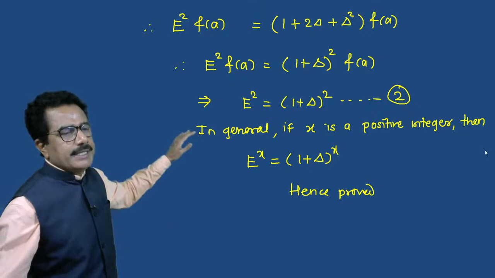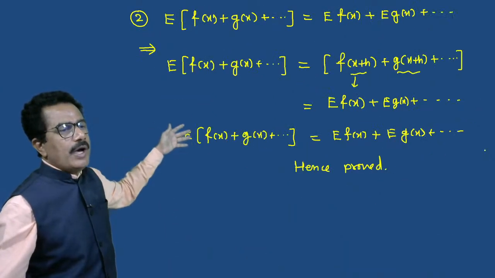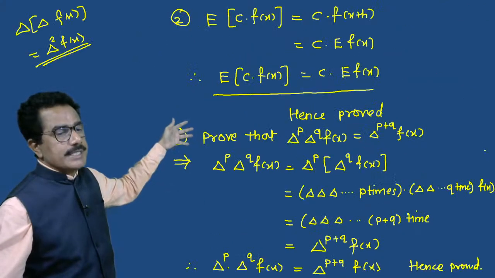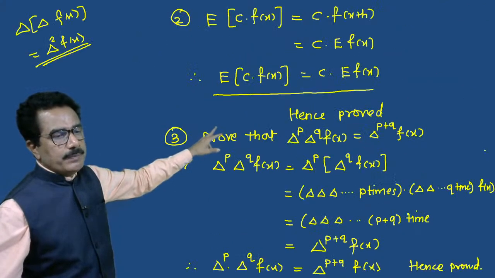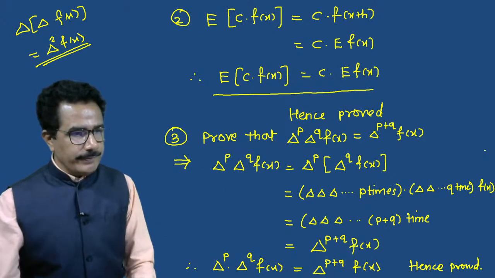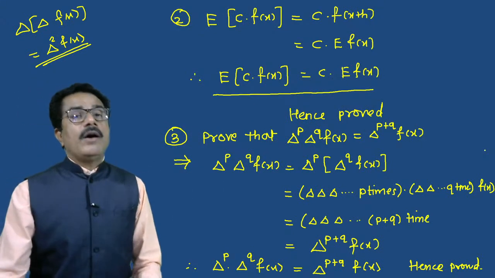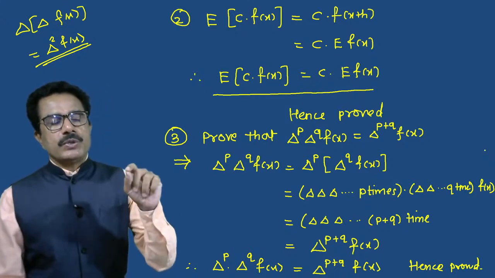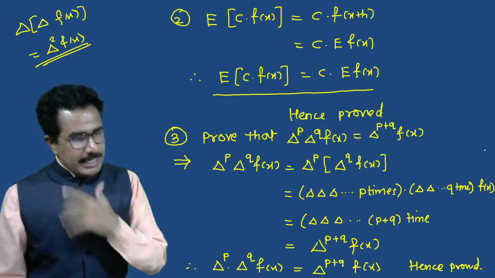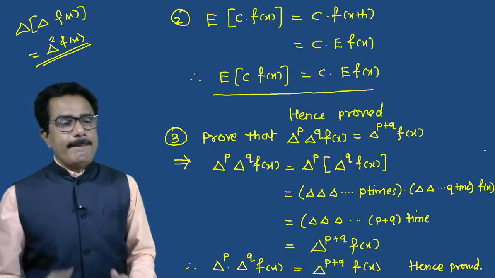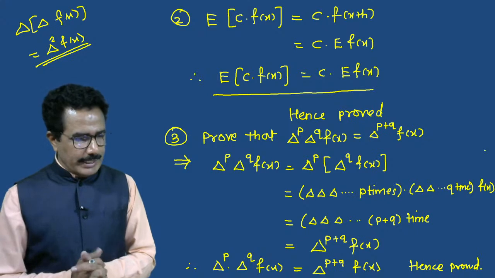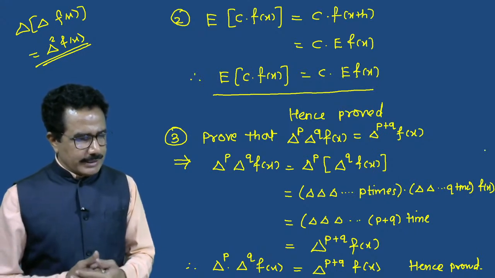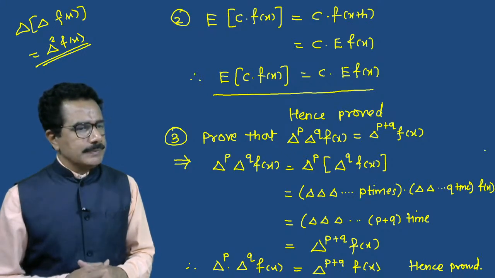Then we can write this, then distributive law, then commutative law over the constant c, and we have proved delta raised to p, delta raised to q of f of x is equal to delta raised to p plus q of f of x. See this. अशा पद्धतीनं आपण हा टोटल प्रॉपर्टीज प्रूव्ह केलेल्या आहेत. आता या प्रॉपर्टीज परत उद्याला लिहू, यात काय आणखी प्रॉपर्टी राहिलेल्या आहेत त्या बघू.